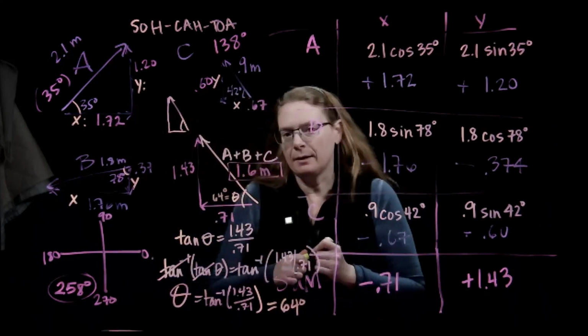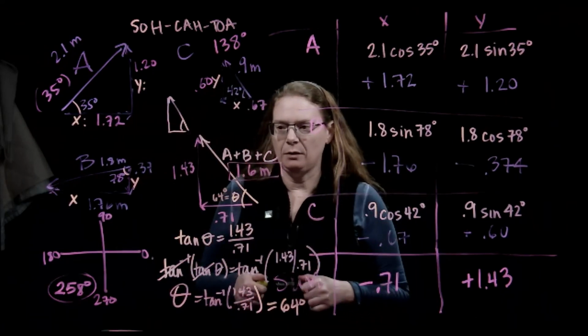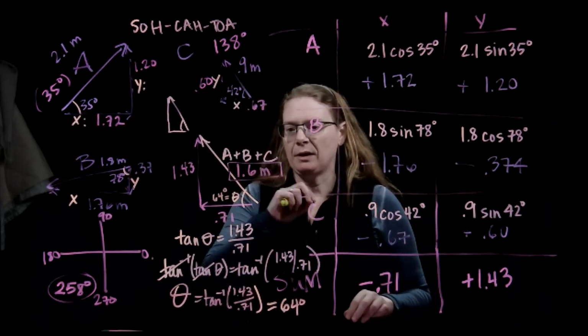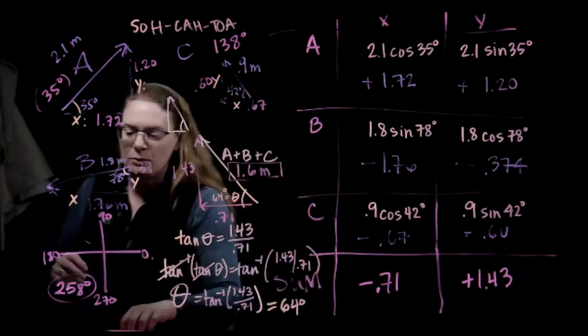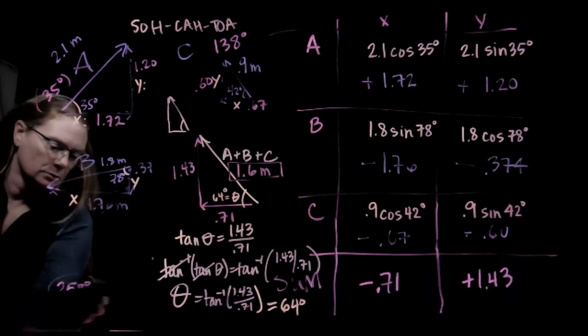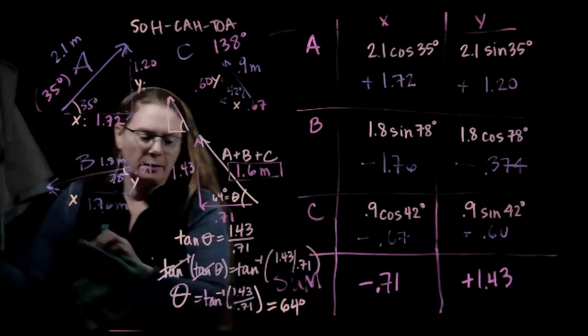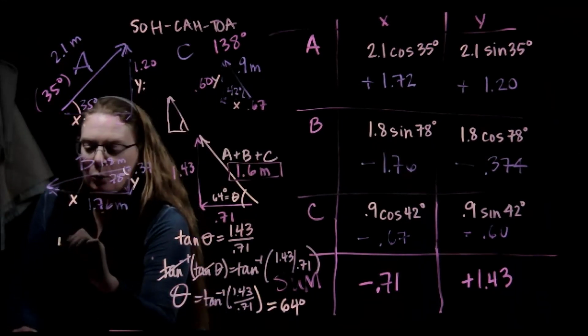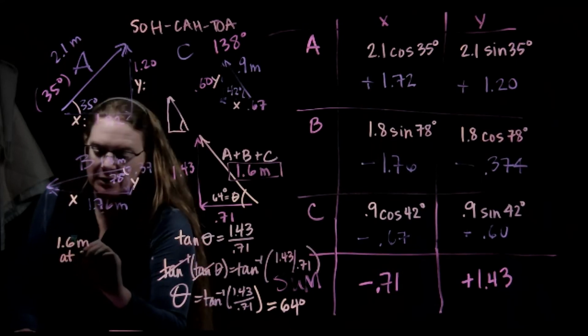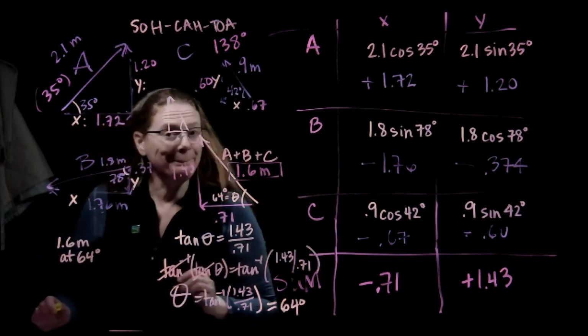The final answer that I would be looking for, what the vector A plus B plus C is, I've got to do it in vector form. So the final answer is 1.6 meters at 64 degrees.